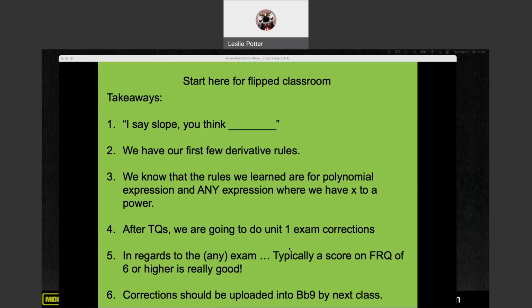Okay, just general comments on any exam. Typically a score on the free response question of 6 or higher is really good. I tell students this all the time: the calculus exam, I don't know about the other AP exams, but the calculus exam is not really meant to be finished. They give you a whole bunch of questions and they're like, hey, if you can get through 2/3 of them, you're going to be a pretty solid 4 or 5 student.